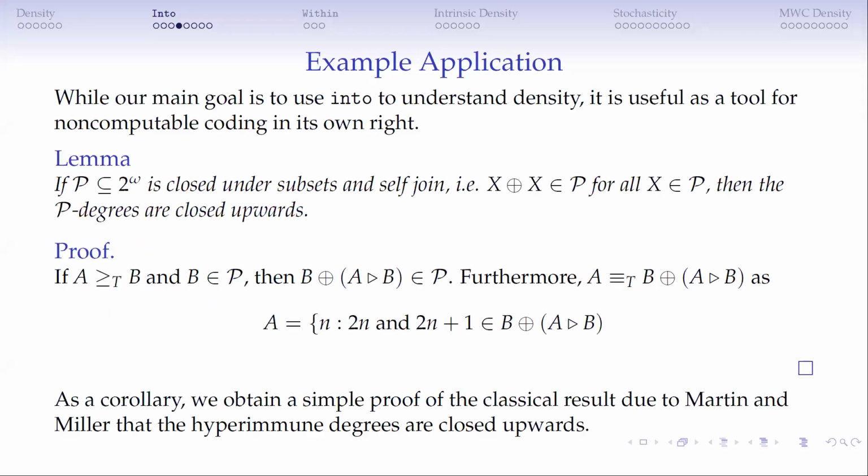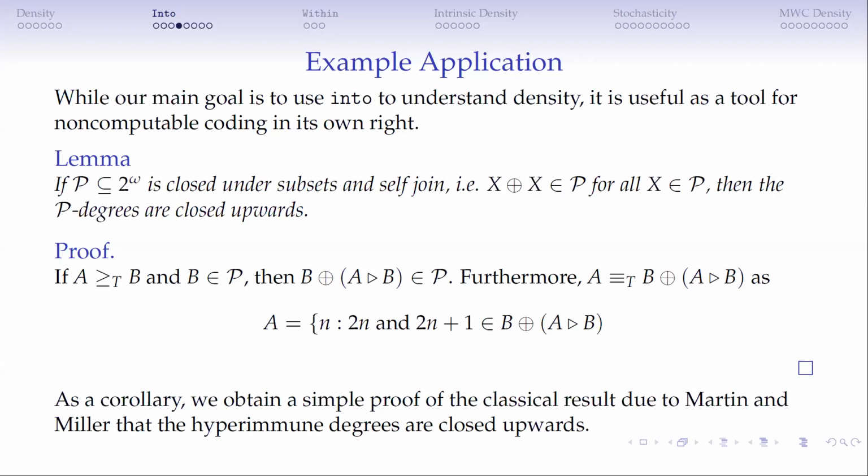Okay, so our main goal in this talk is going to be to talk about density, but I just want to justify why we're calling this a coding method and why we say it's non-computable. In general, if I just have A into B, I can't necessarily recover A or B. But unlike, say, the intersection or union, I actually only need one of those sets.